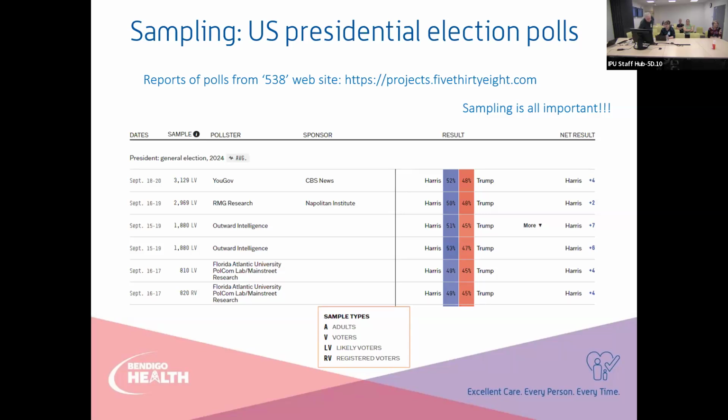The next one down is 2,000 something. The next one down is 1,000 something. The two on the bottom are 800. And so that's a sample of 800 people out of a population of 340 million, and you're trying to infer from that how the whole population will vote.